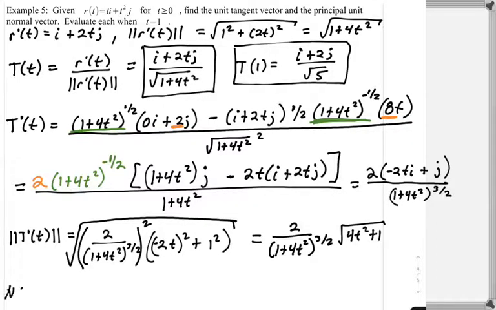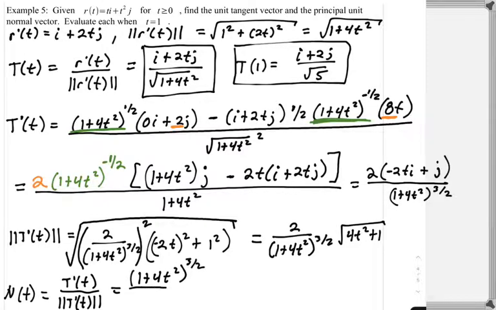So when we're finding the principal unit normal vector, it's going to be the derivative of the unit tangent vector divided by the magnitude of the derivative of the unit tangent vector. So that's going to be the (1 plus 4t squared) to the 3 halves divided by 2 and the square root of 4t squared plus 1.